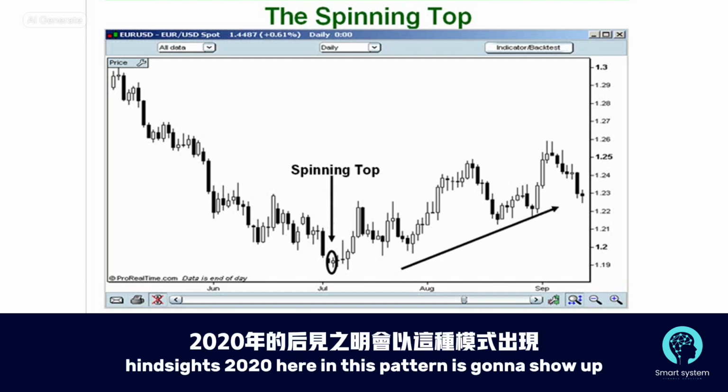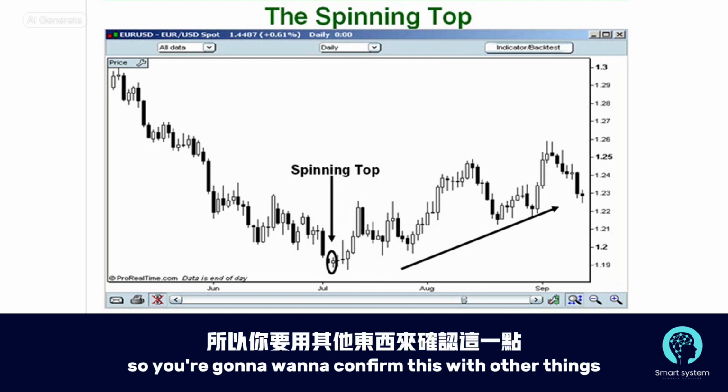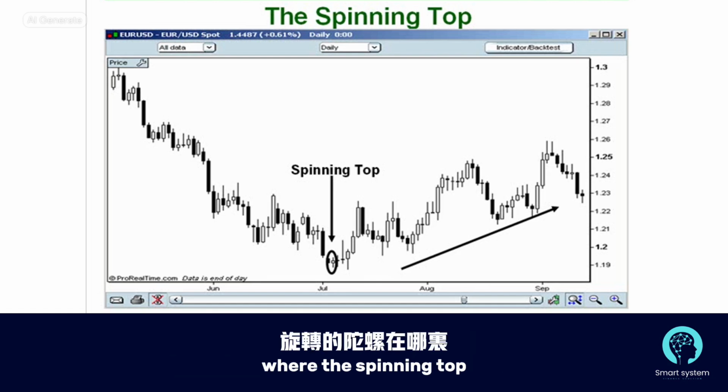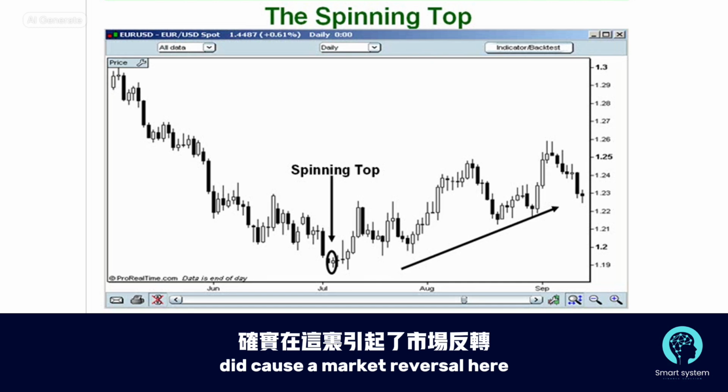Now obviously, hindsight's 20/20 here. Sometimes in the market it's not going to reverse, so you're going to want to confirm this with other things. But this is a good example of a situation where the spinning top and the indecision it represents did cause a market reversal.